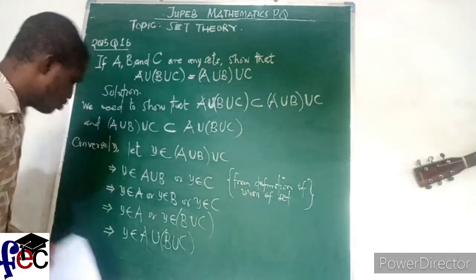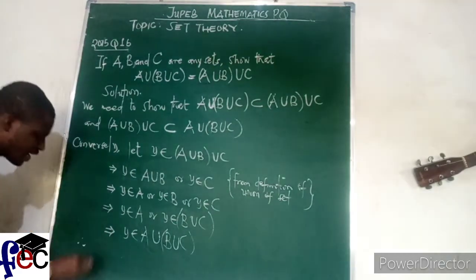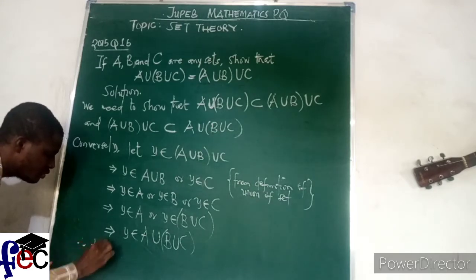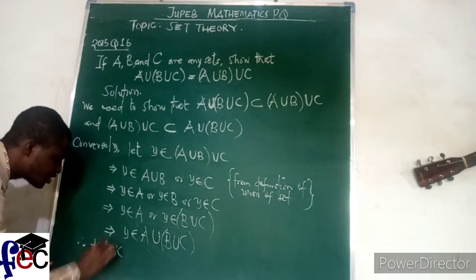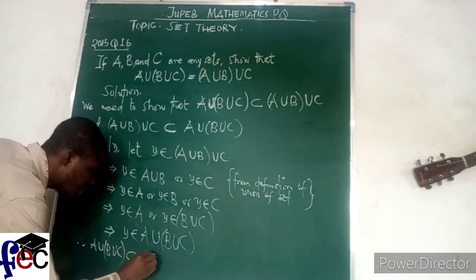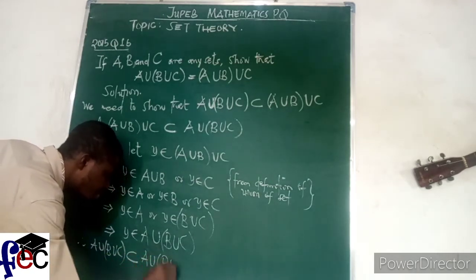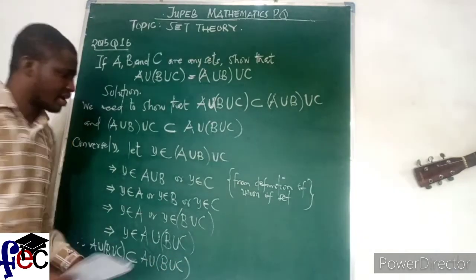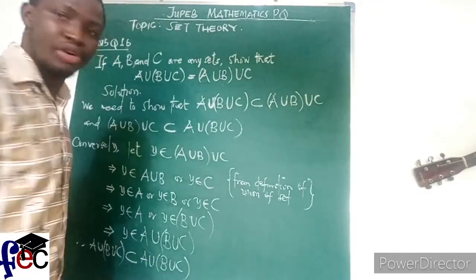You get it? So therefore, I can say that A union B union C is a subset of A union B union C. Do you see it now?